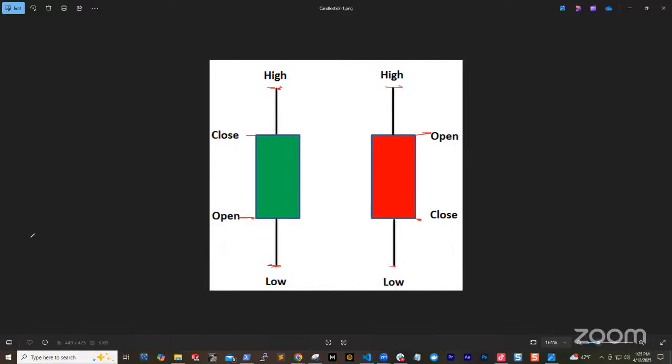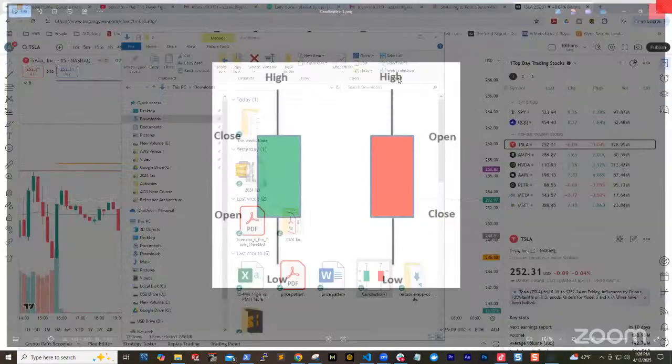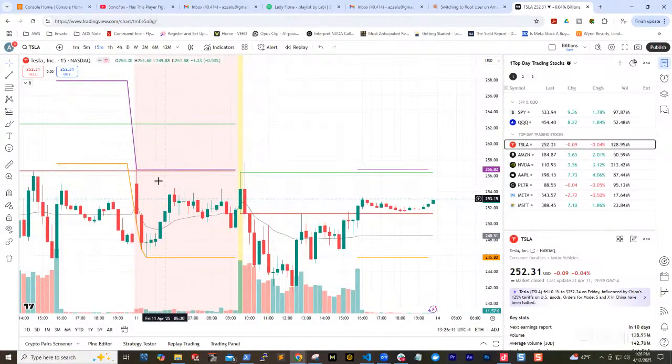So if I show you guys that. So like I said, you guys are seeing this. These are like 15 minutes, right? In the 15 minutes. So if we take this red candle, in that 15 minutes, this price opened at 254.33, right?